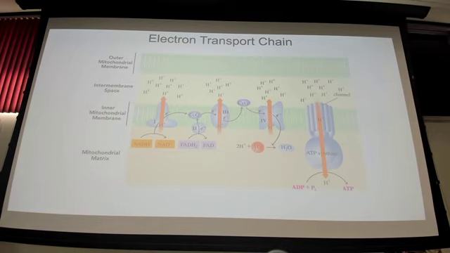Yes. So the slide said that complex 5 was chemiosmosis. So chemiosmosis is the building up of the proton gradient, and that's done by complexes 1 through 4. Let me hold on one second.